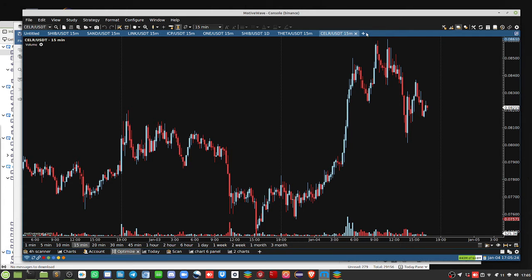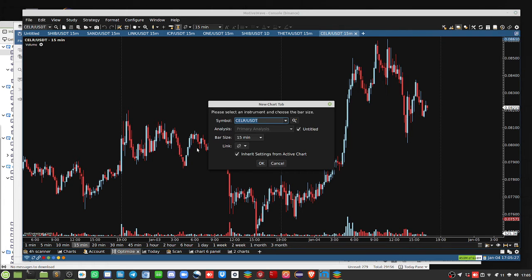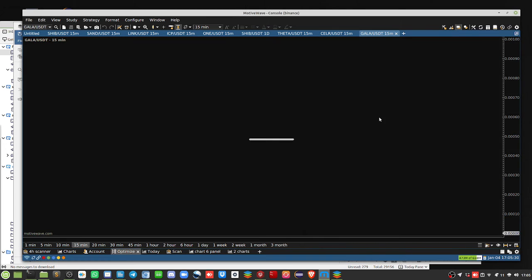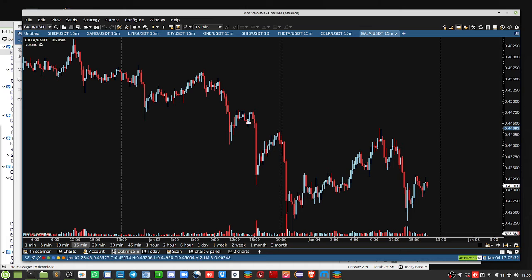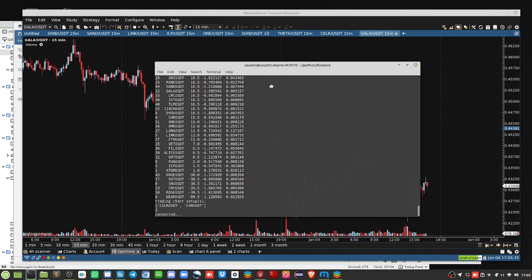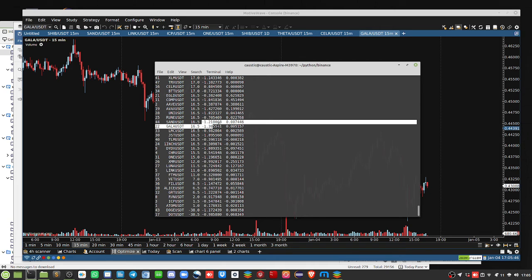So Gala has been moving pretty good. I'll check that other list here. So here's Gala. You can see it just has not traded at all. So we have here Gala. Here it is. So Gala does potentially break out, has a negative order book ratio. And again, that can fluctuate at any time. I mean, that's in real time.